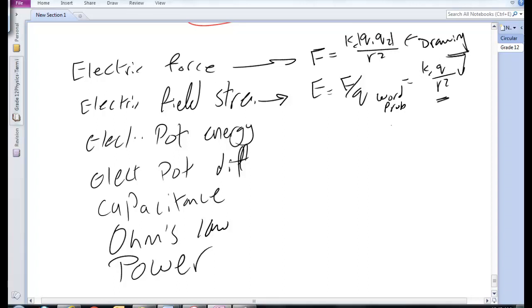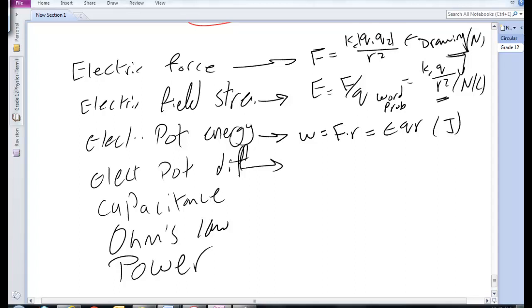So you are going to use this in the drawing part. Electric potential energy W is equal to F times R, which is F electric basically, or EQR, measured in joules. E is measured in Newton per coulombs. F is measured in newtons.